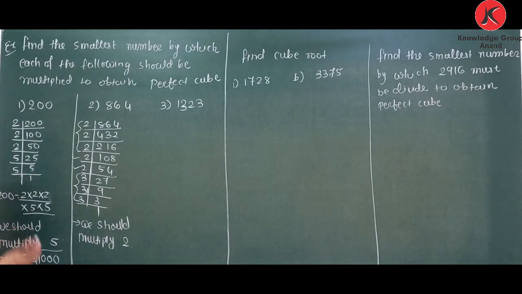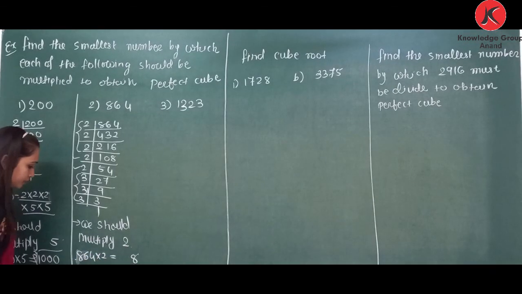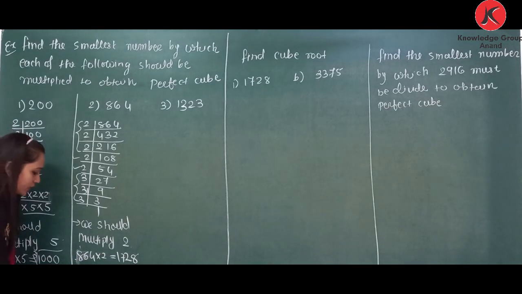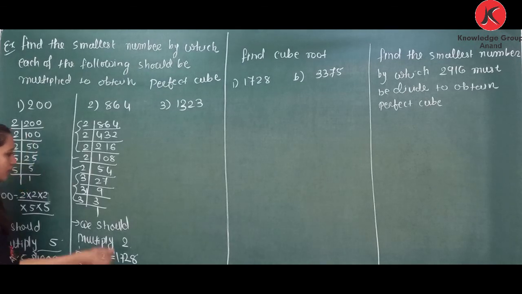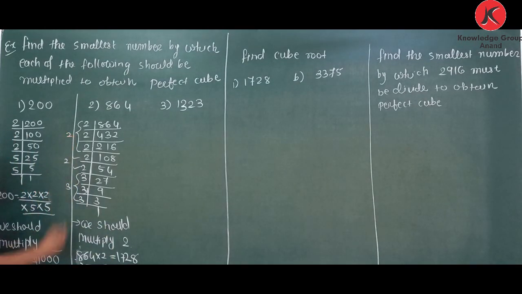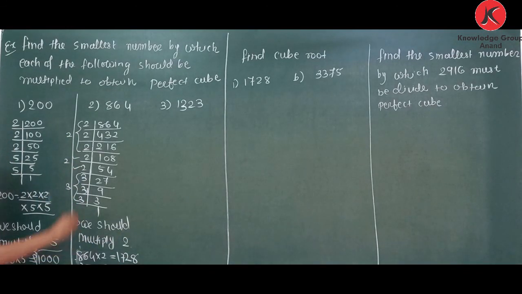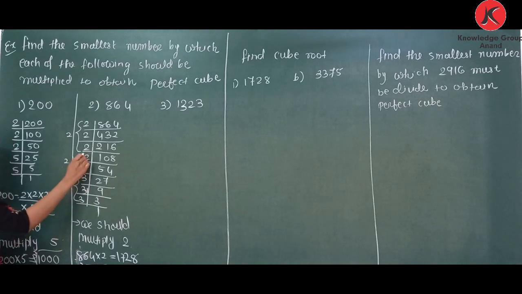If the question is, after multiplying, find the cube root of that number, then at that time you need to write 864 multiply 2, that is 1728, and the cube root of 1728 will be 3 2s are 6, 2 2s are 12. Clear? Because if you multiply this with 2, from each cube you need to take one number.